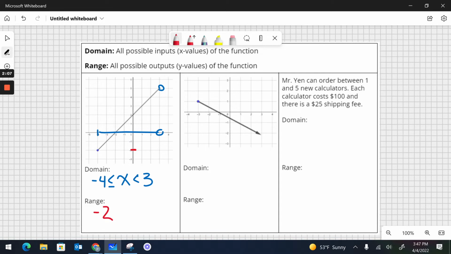And then the highest that it goes, this line goes up and then gets to a y of 5 up here, but the line doesn't get to 5 exactly. So my range y can be everything greater than or equal to -2 and less than or equal to 5.